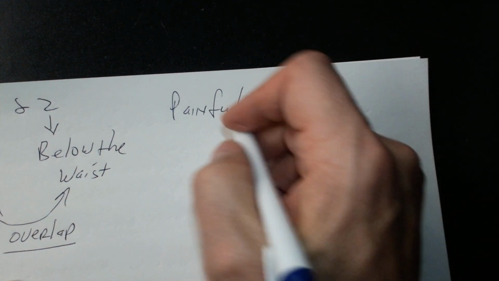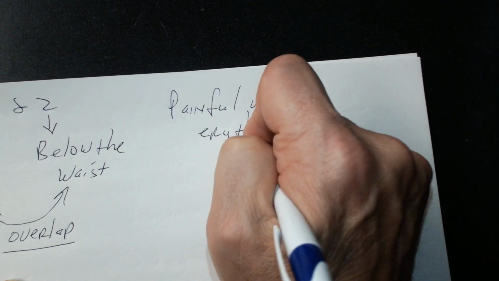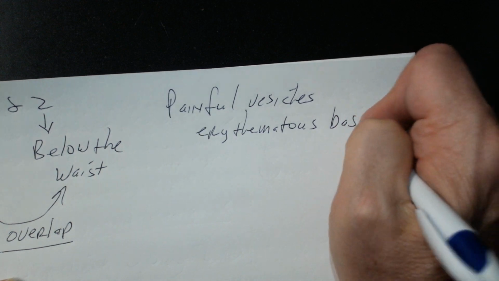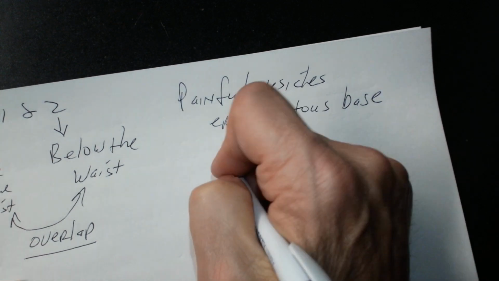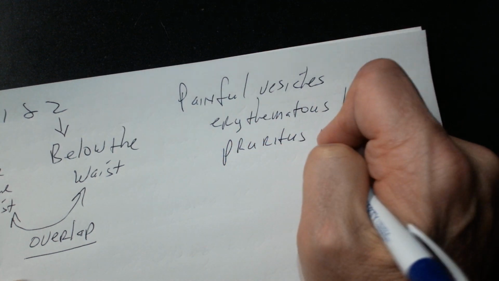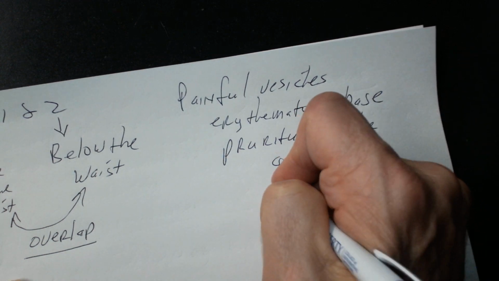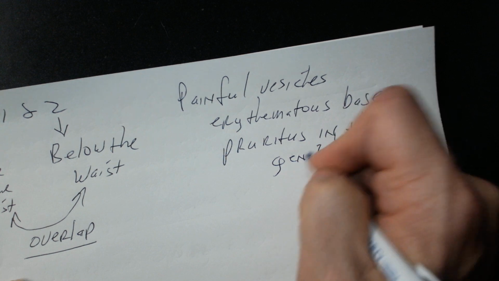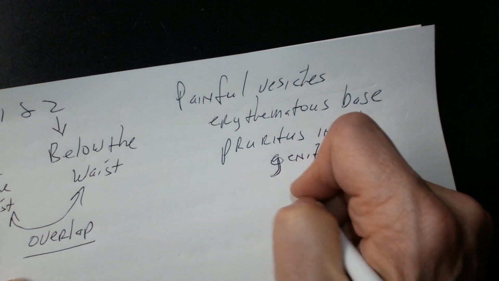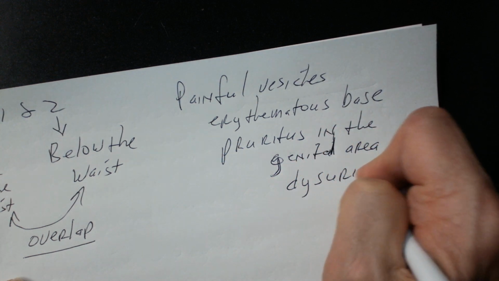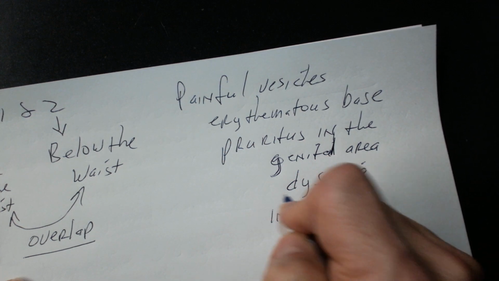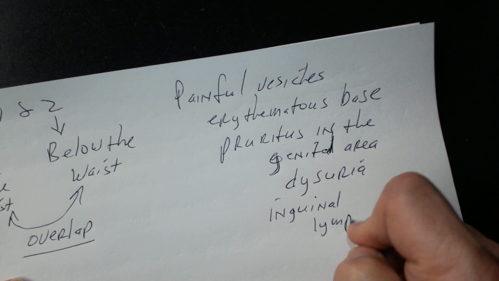And these painful vesicles have an erythematous base. So there will be pruritus in the genital area. There'll also usually be dysuria, and usually also inguinal lymphadenopathy.